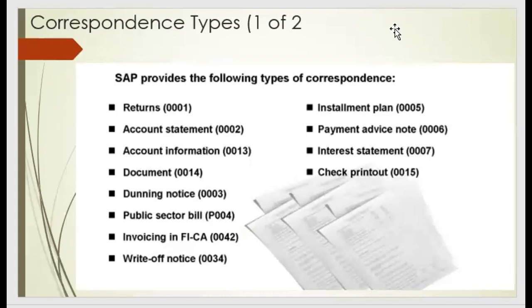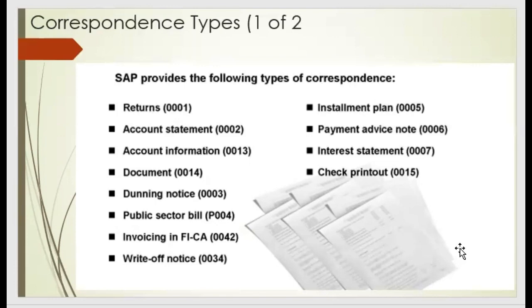Then payment advice note. A payment advice note is a similar kind of thing to invoicing, but invoice is a regular stuff, whereas if there is any extra amount added or some services provided, we introduce a payment advice note.